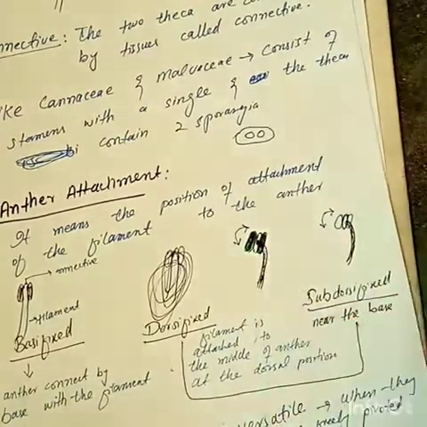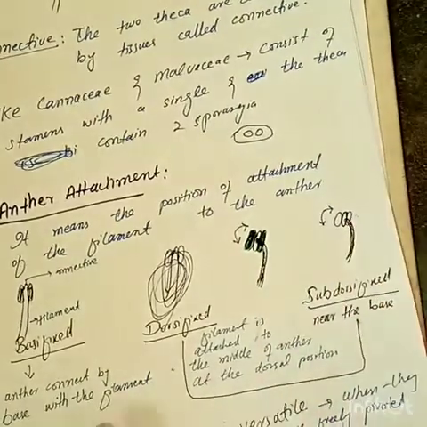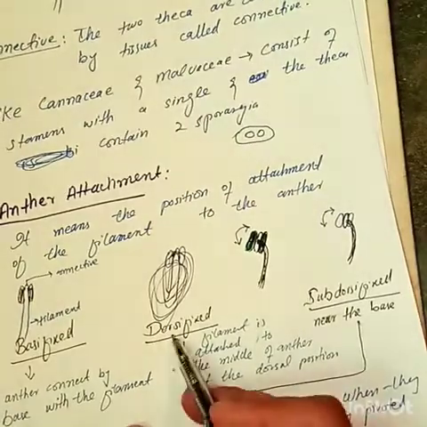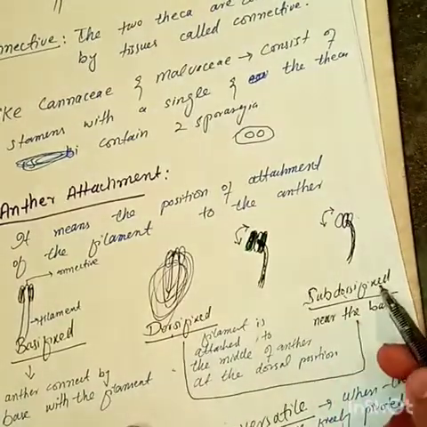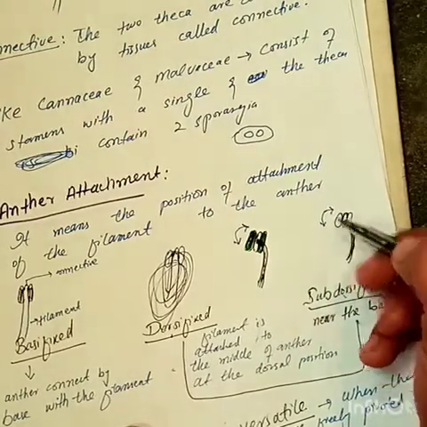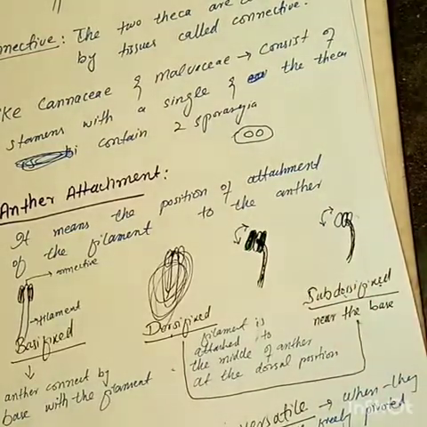This was at the middle, this is near the base. The versatile ones are the dorsi-fixed and subdorsi-fixed that are freely pivoted. It means when they freely move like a pivot.